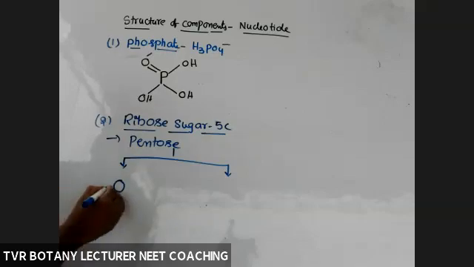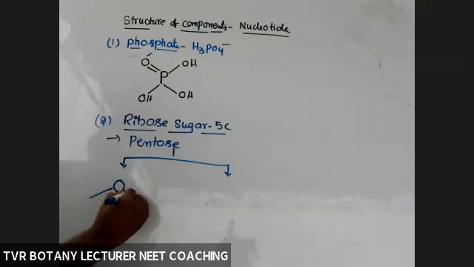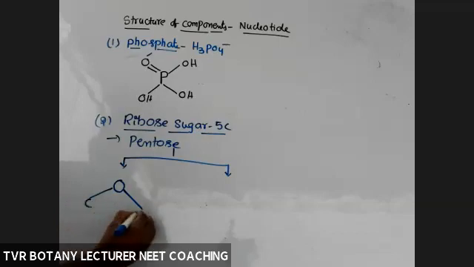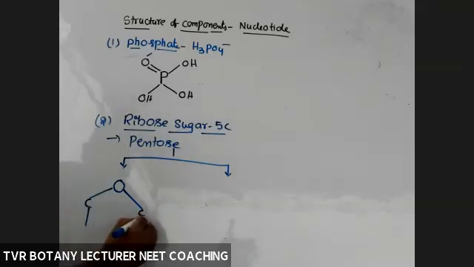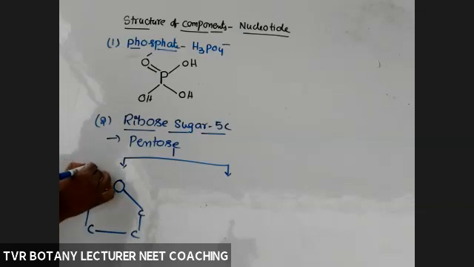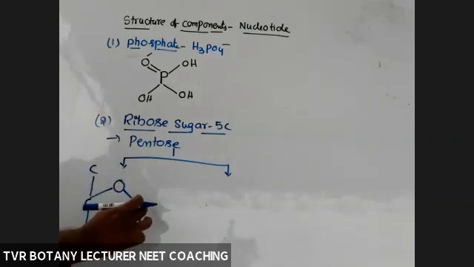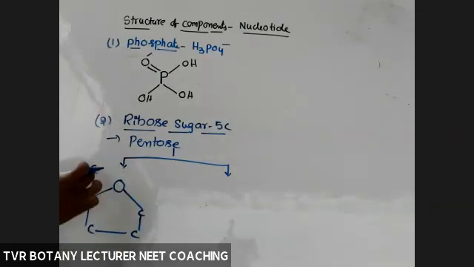Oxygen, carbon, carbon, carbon, carbon, and here also one carbon. How many carbon atoms? 1, 2, 3, 4, 5. Okay, right?